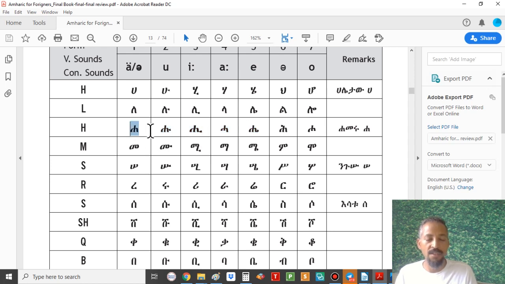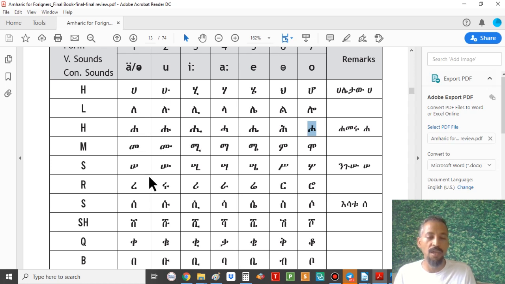Different letters or different symbols giving you the same sound, but slightly different. Here is ha, and this one is also ha. So ha, hu, hi, ha, he, ho, and the same thing down here. Ha, hu, hi, ha, he, ho. Therefore, you just will not have to bother about the duplication of these sounds.